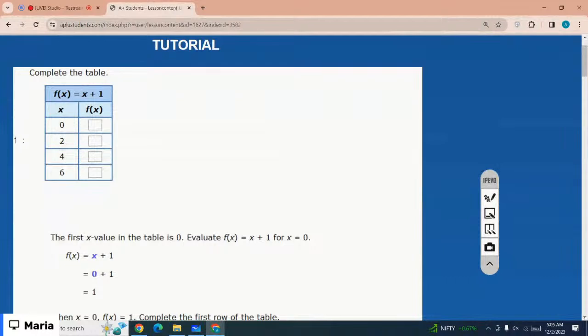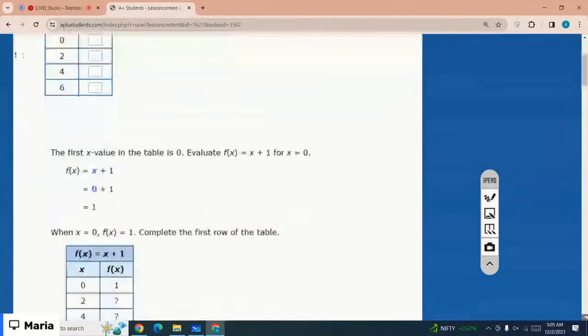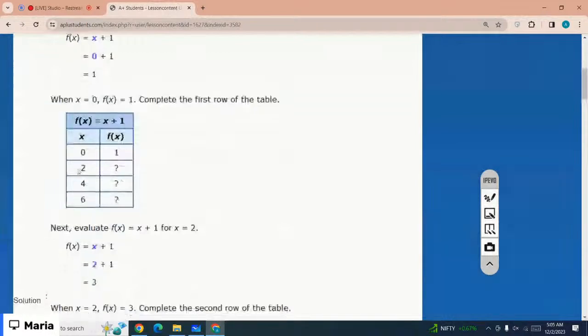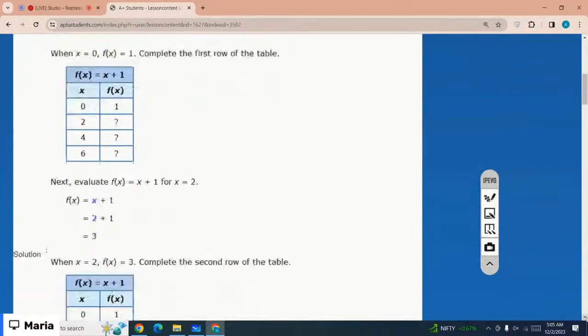Right? For the next one, you have to evaluate at x equals 2. So you have to replace the x with 2. So that would be 2 plus 1 equals 3. So at x equals 2, f of x equals 3. Then when x equals 4, the value of function is 4 plus 1, that is 5, right?